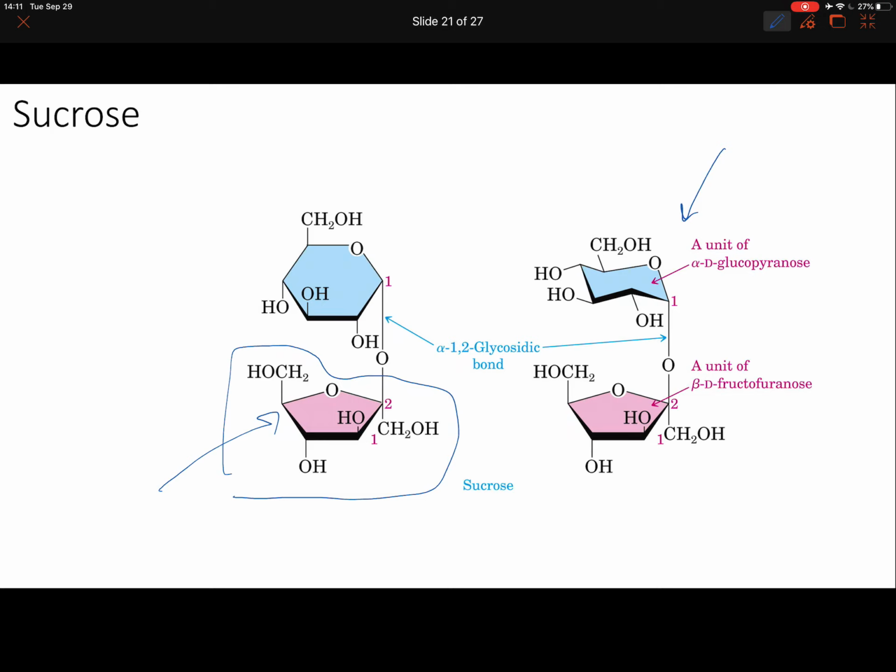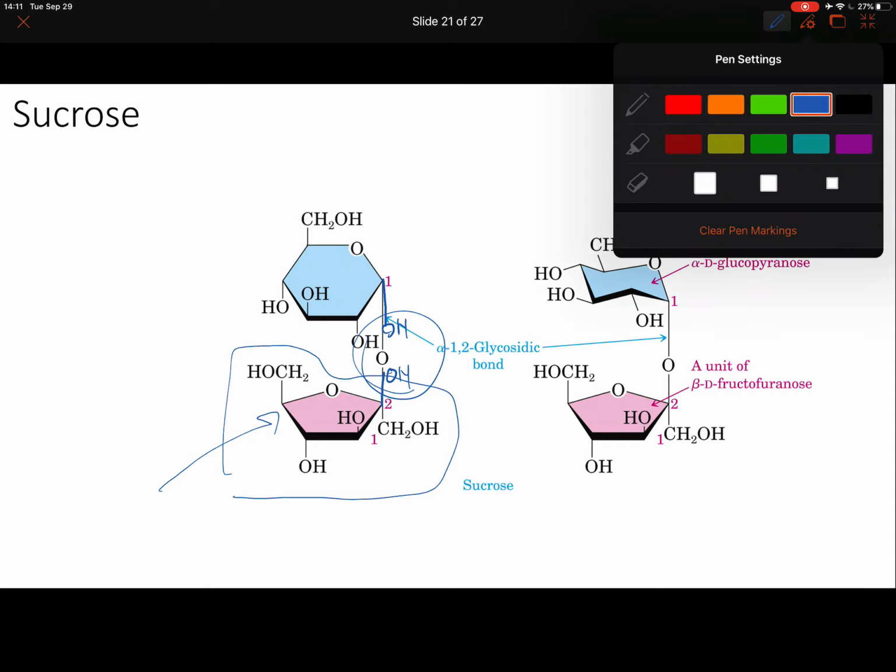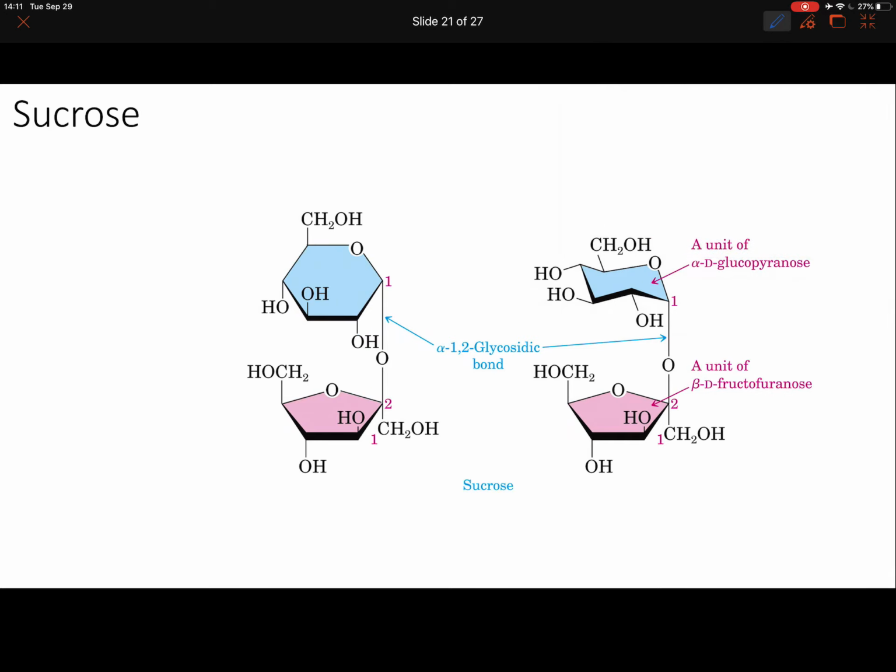That's why they look different. And then again, it takes the specific alpha version, which has its OH group down, and the beta version of this guy with its OH group up to do a reaction. With these reactions, we call them glycosidic bonds. And the naming here, you can kind of see that it's explaining which carbons are reacting to which carbons, or bonded to which carbons.